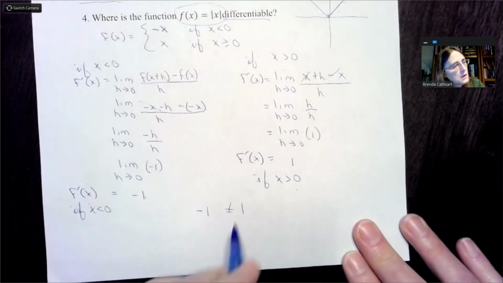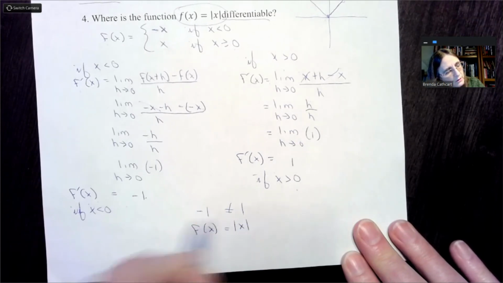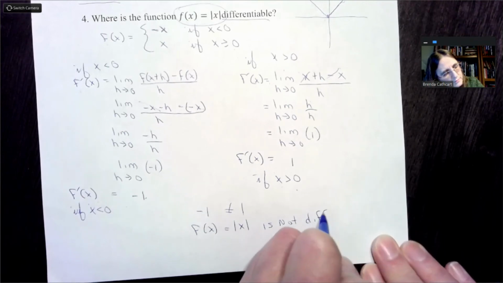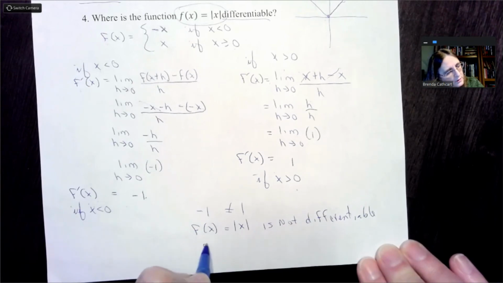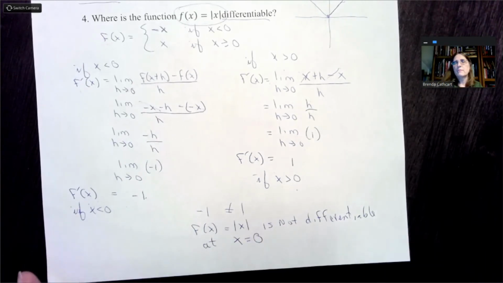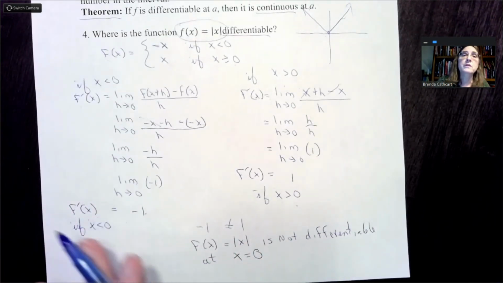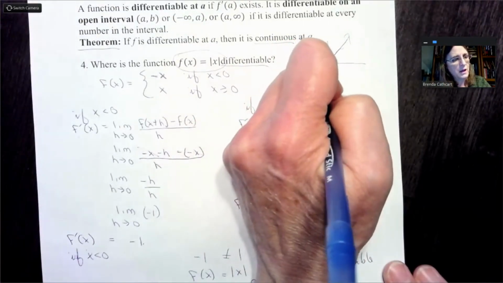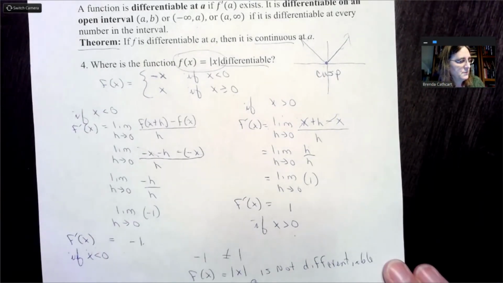And so the function f of x equals the absolute value of x is not differentiable at x equals 0. The feature that our graph has that clues us in that it's not going to be differentiable is we have a cusp, which is an abrupt change in direction.